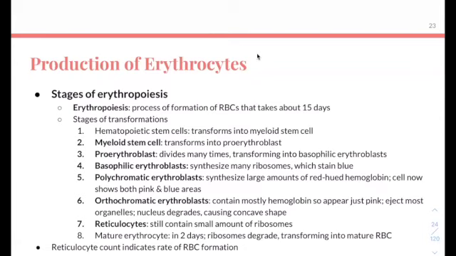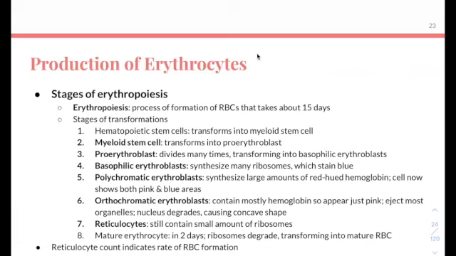Everything always comes from that hematopoietic stem cell, and that'll transform into myeloid stem cells, which go to proerythroblasts. Those proerythroblasts divide multiple times to basophilic erythroblasts. Basophilic erythroblasts synthesize the ribosomes.